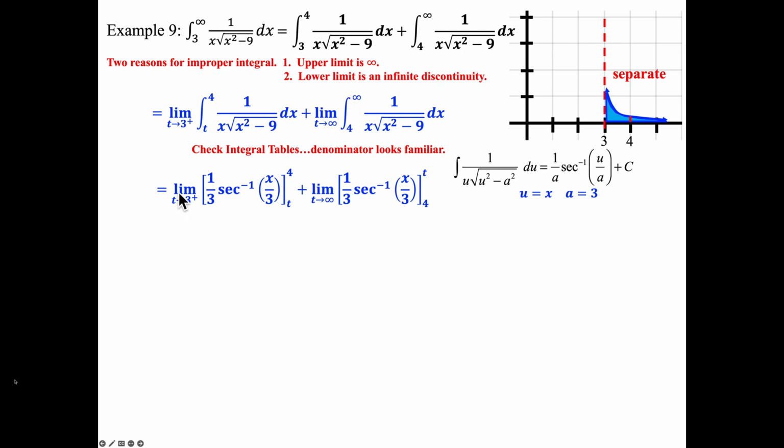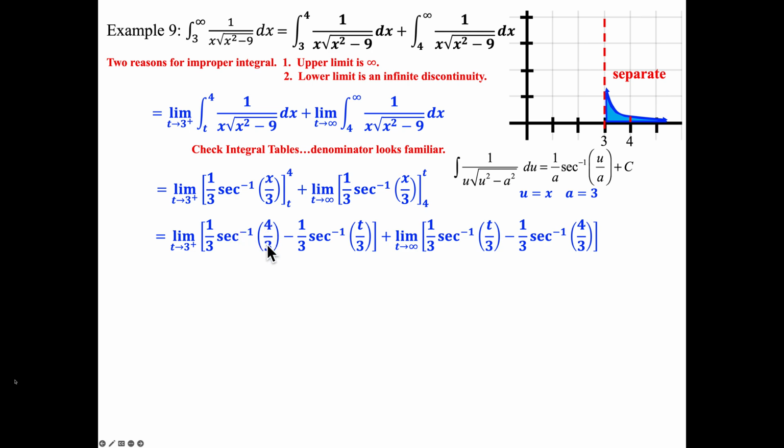So the limit as t approaches 3 from the right, let's put in the 4 and we put in the t. Here we'll put in the t and we'll put in the 4. Holy moly, so let's see, 1/3 inverse secant of 4/3 minus 1/3 inverse secant of t over 3.